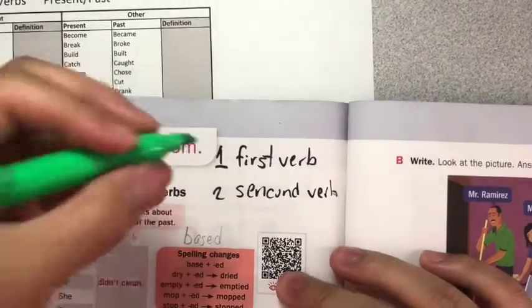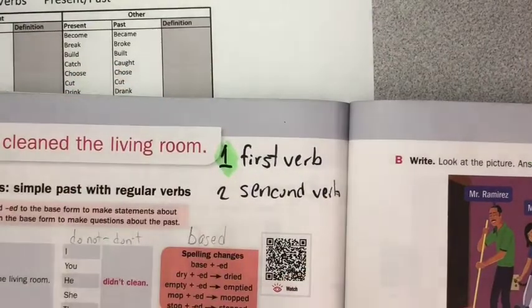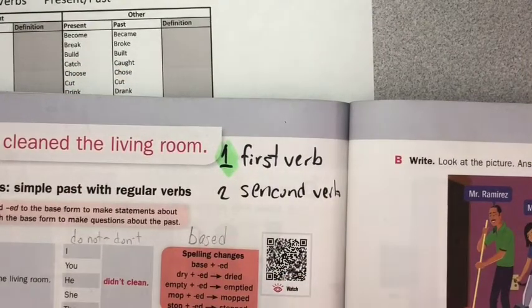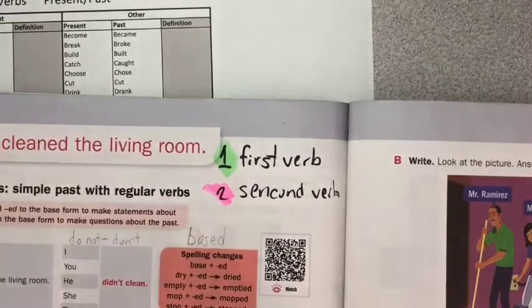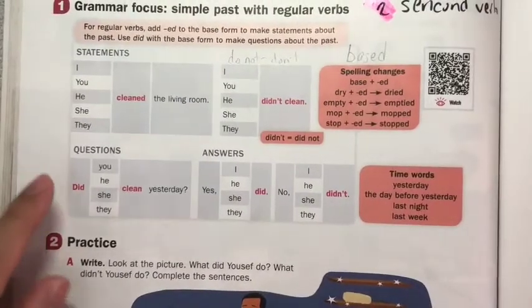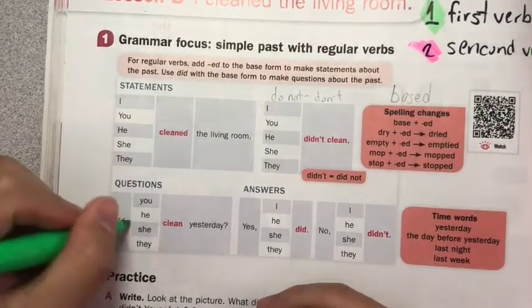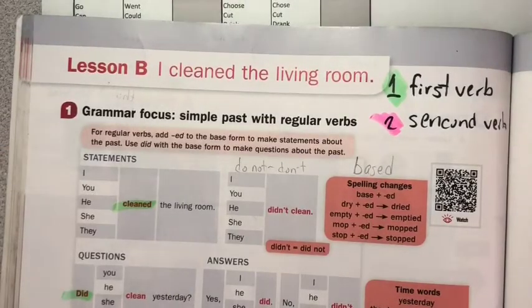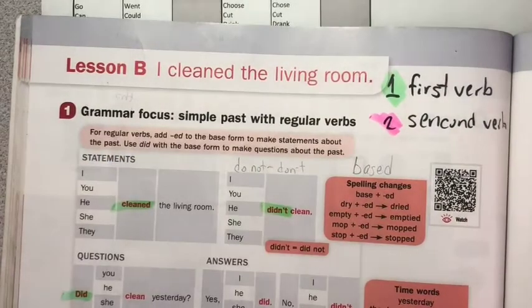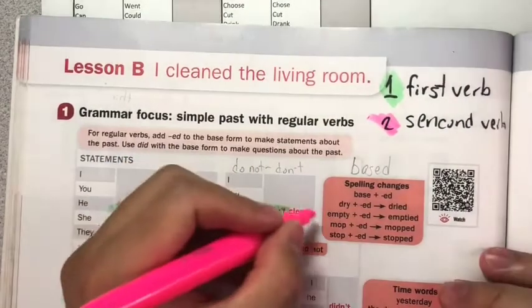I'm going to color the first verb in green and the second verb in pink. Did is the first, and so is didn't. And clean.